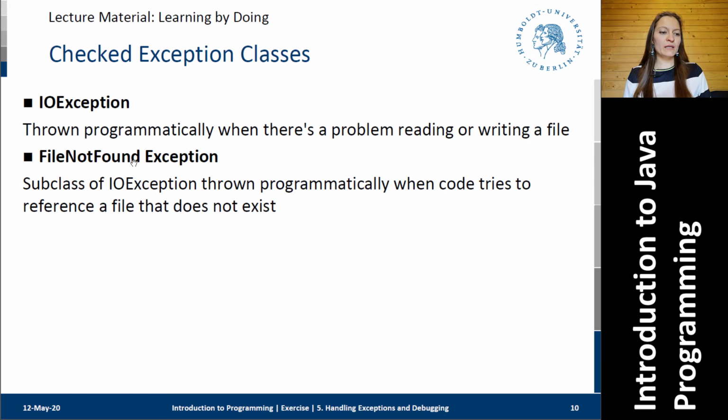The second one is FileNotFoundException, a subclass of the first exception, and this is also thrown programmatically when code tries to reference a file that does not exist. As I have already said, both of those exceptions must be handled or declared by the programmer.